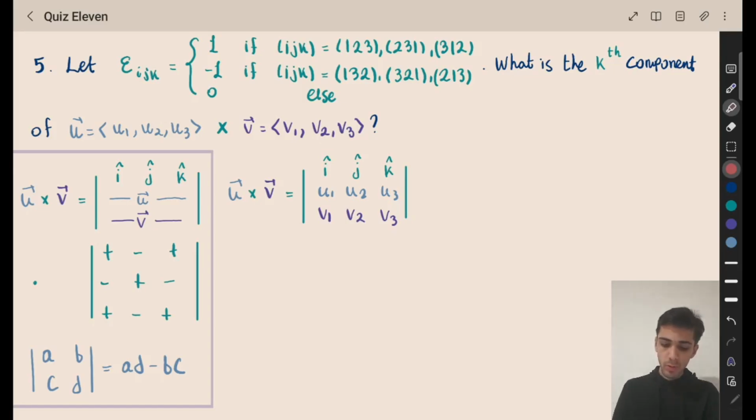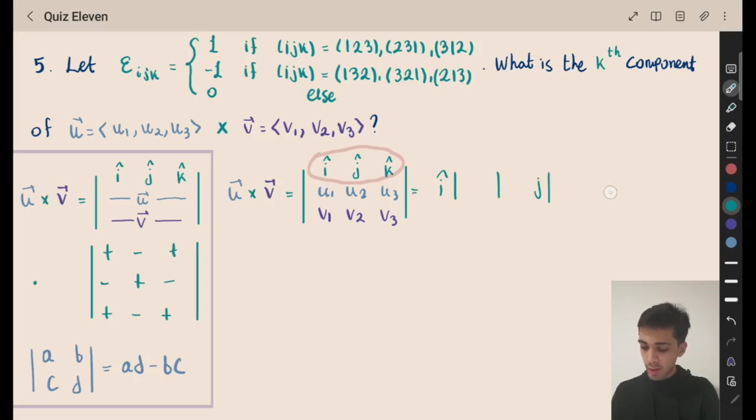In the case of the cross product, you should always use the first row, the one that has the unit vectors, to break this determinant down into smaller ones. It would look something like this. I here with a smaller determinant, j here with a smaller determinant, and k here with a smaller determinant.